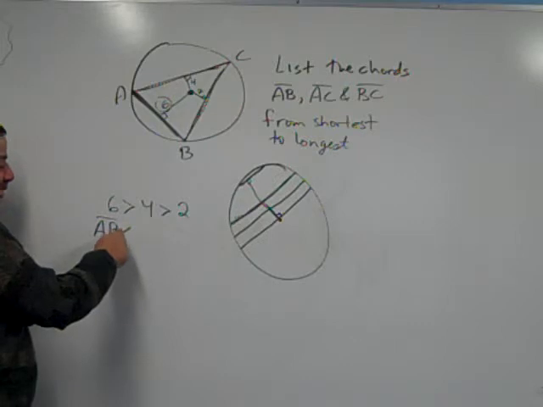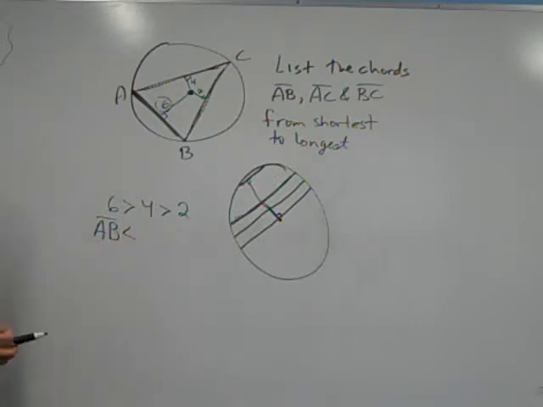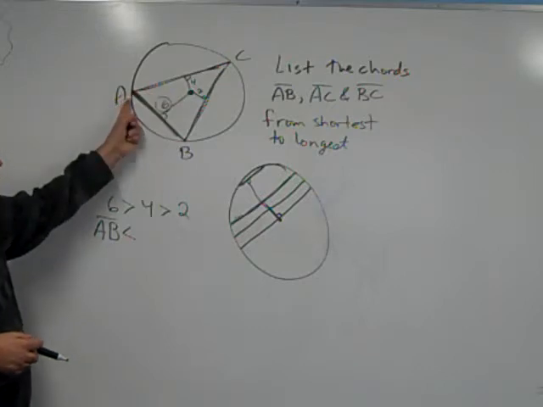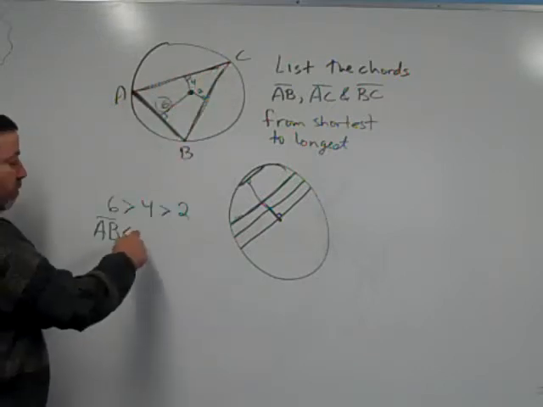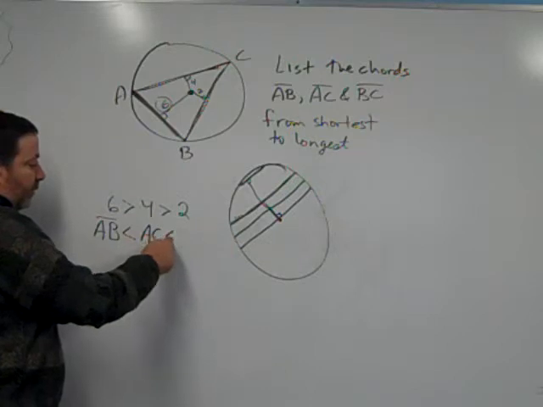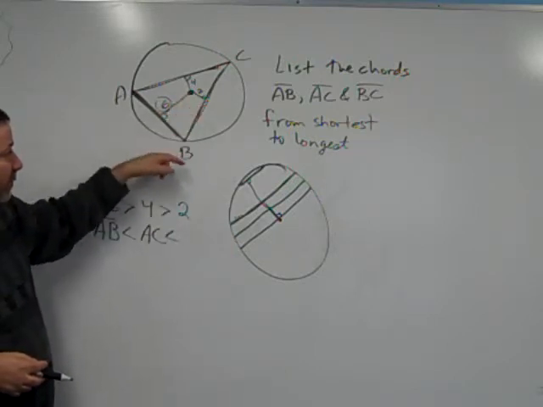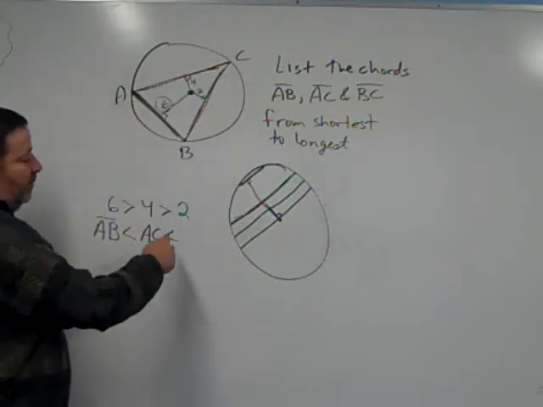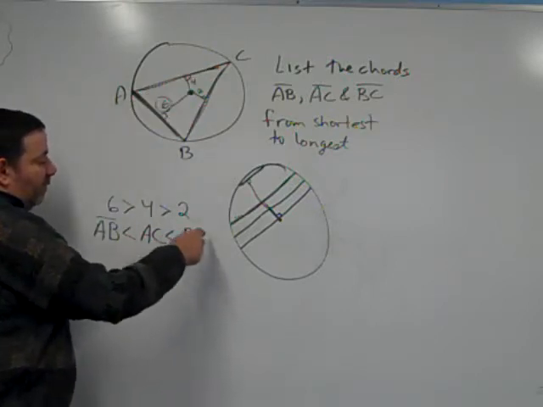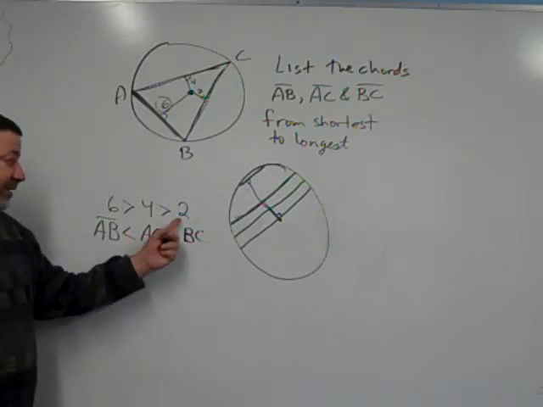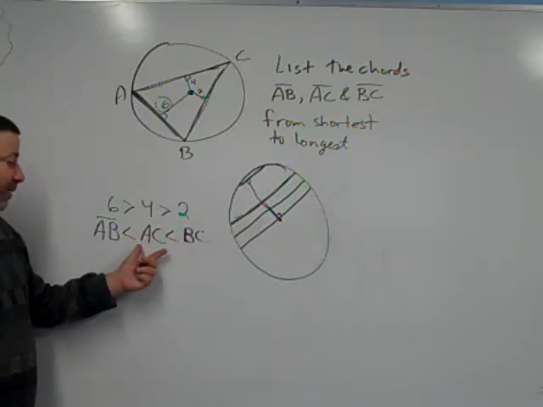AB, or chord AB, is smaller than the one that was 4, which was associated with AC. And the chord that was only 2 units away was BC. This was closest to the center, hence it was only 2 units away.